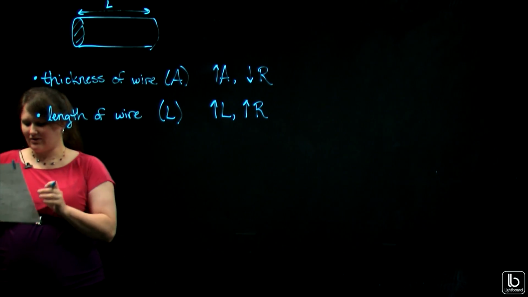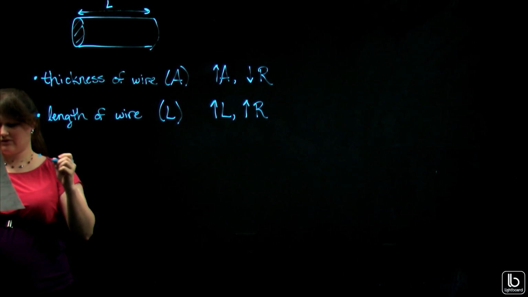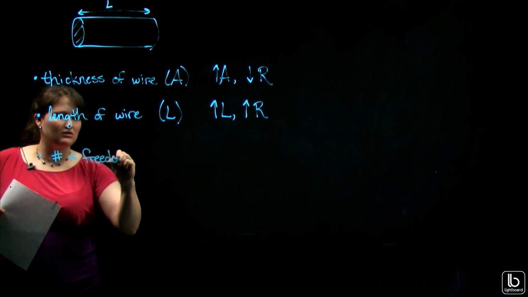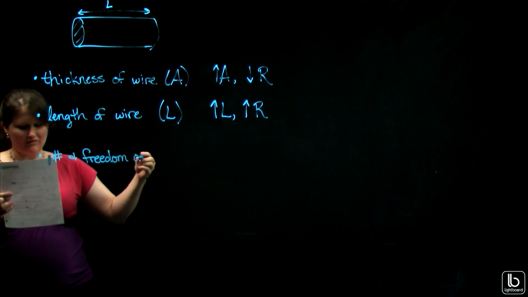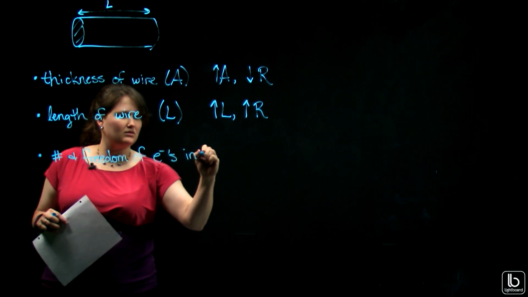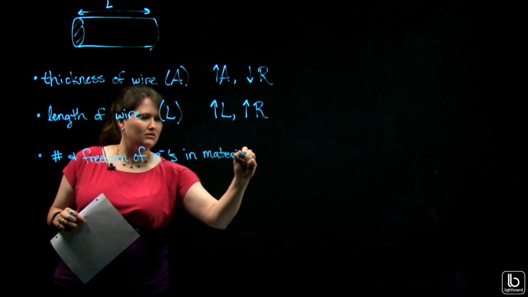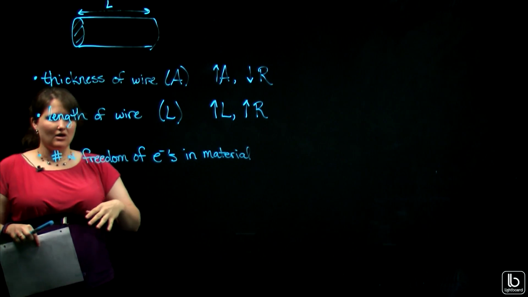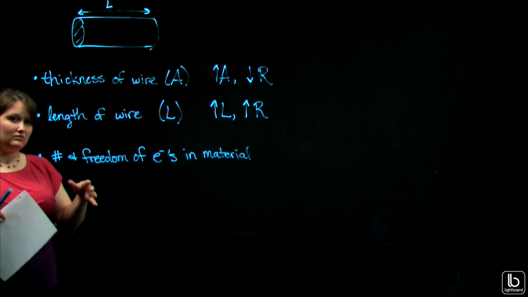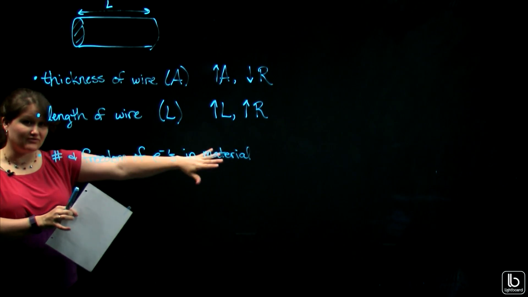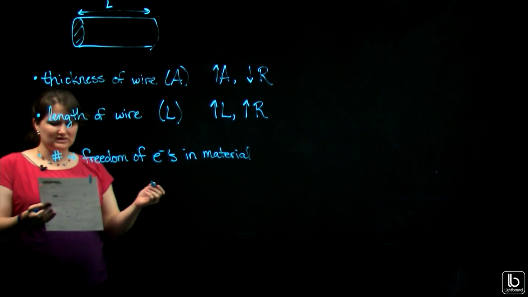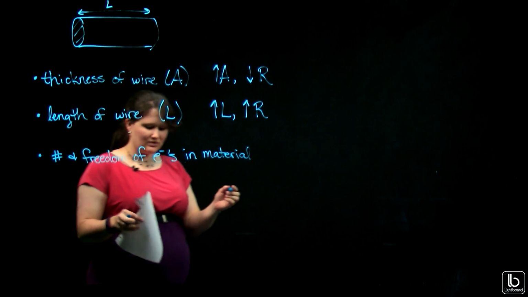So we talk about that in terms of the number and freedom of electrons in the material. If I have a lot of free electrons, then I'm going to have an easier time with those electrons flowing. So we can say that this is related to the resistivity.